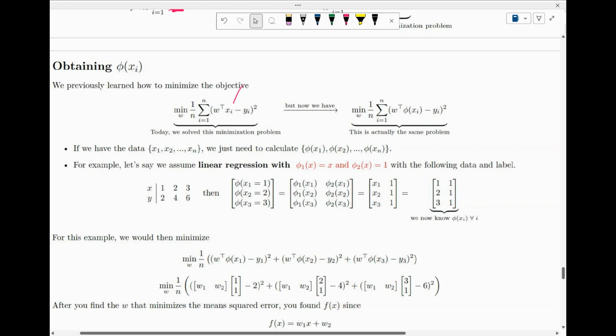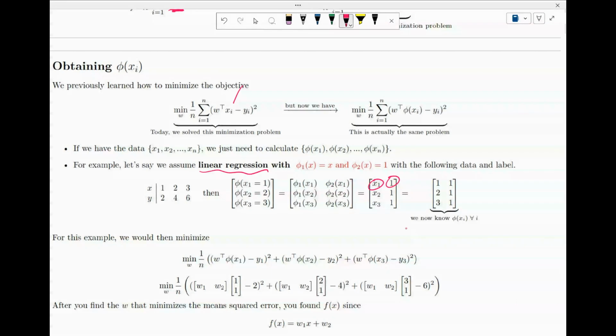So if this is the data, then we know that phi is just phi 1, phi 2, transpose. So what is phi 1? Well, if we use linear regression, phi 1 is x, phi 2 is 1. So if we plug x1 here, we're going to get x1 and 1.